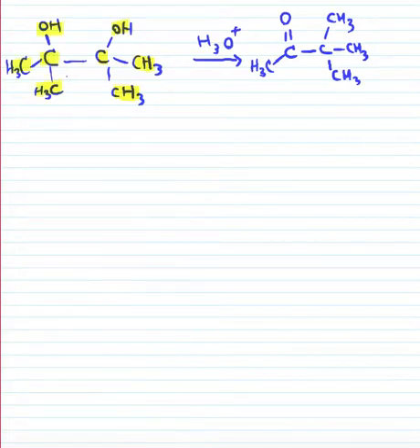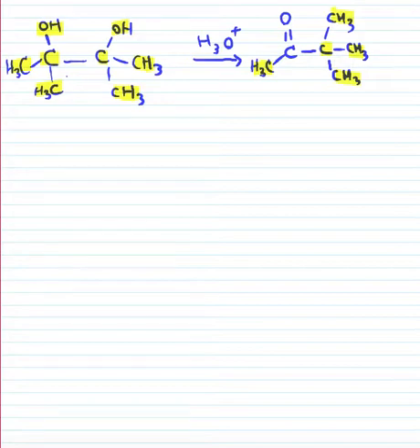Now if I look at the product, this carbon now has 3 alkyl groups, and this carbon has only 1 alkyl group. So in total I still have 4 alkyl groups, but one of them now has 3 of them. And this should indicate to you that probably something happened in between, and that's probably an alkyl shift.